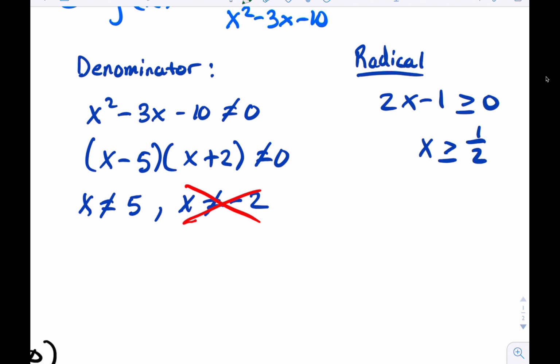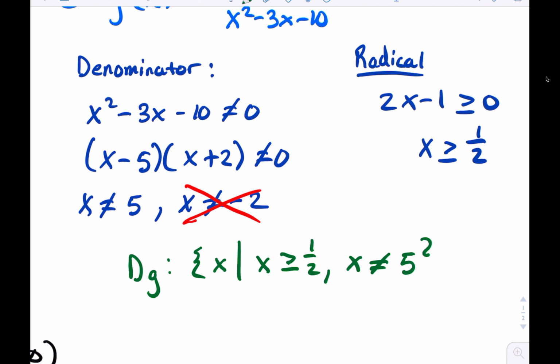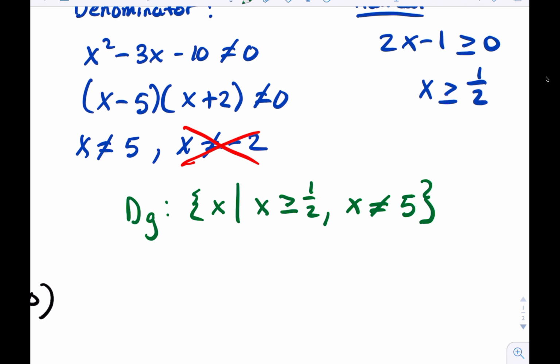Now what we're going to do is write the domain of g of x. It's the set of all real numbers such that x is greater than or equal to 1/2, and x cannot be 5. That would be your set notation. And then your interval notation.